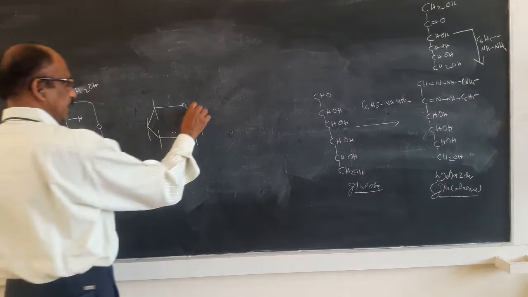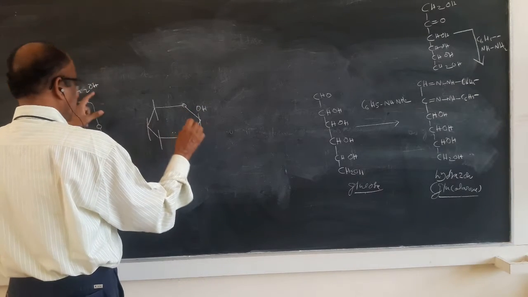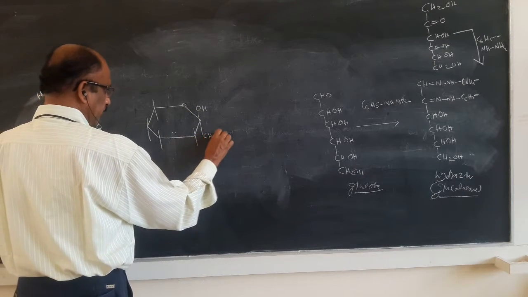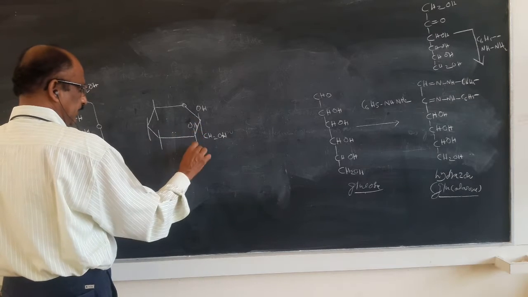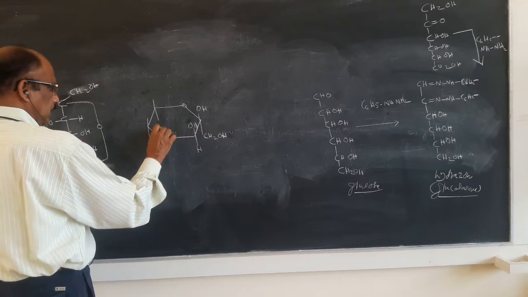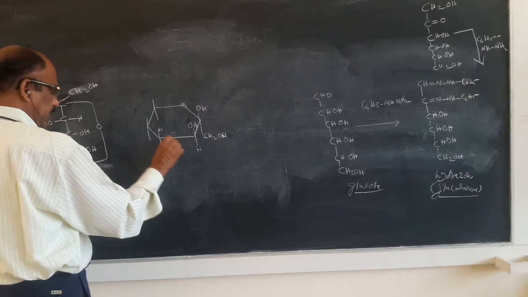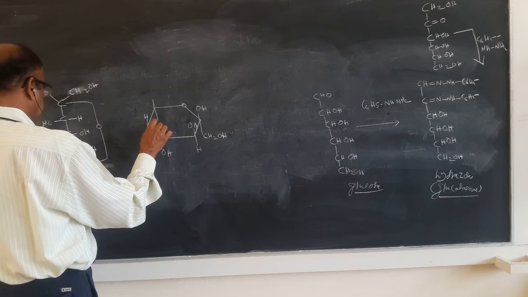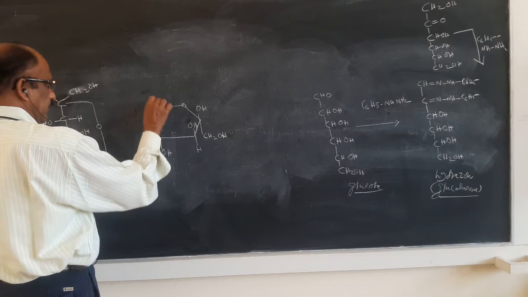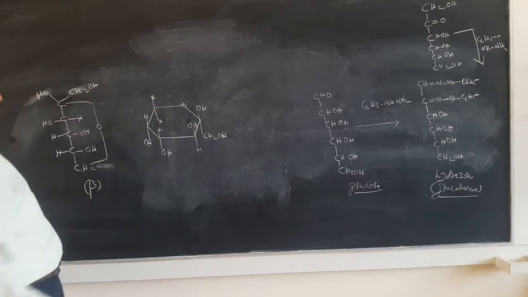Left side groups should be written upward, and the right side groups down. Again this is OH and this is CH2OH.